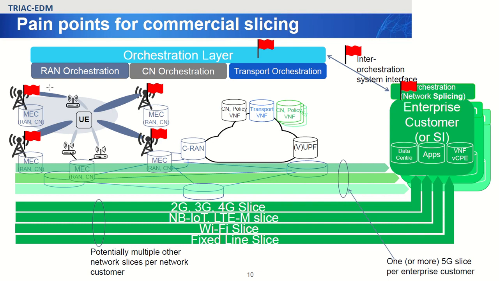So the problem is that it needs a very sophisticated design in terms of the RAN orchestration. For example, we mentioned about the dual connection. While the dual connection comes in, how do you synchronize those small cell and macro cell?